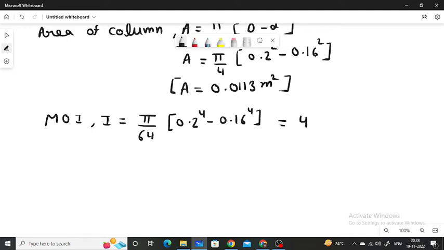It will be equal to 4.637 into 10 to the power minus 5 meter to the power 4.